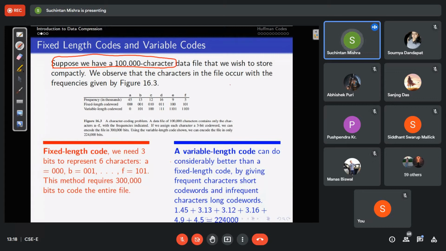We have a character file like this: A, B, C, A, B, B, C, B, D, E, F, F, A, B, C, D, so on and so forth. And the number of characters in this file is 100,000. Now, there are only 6 symbols in the universe or in the alphabet.